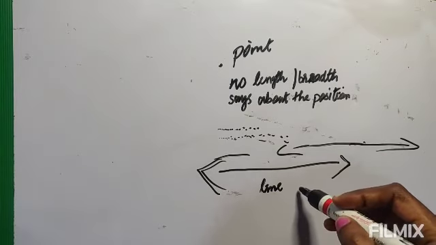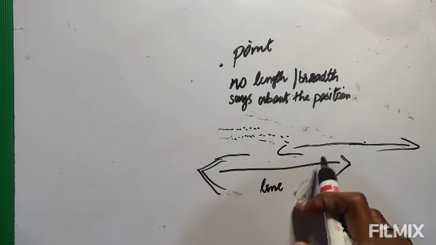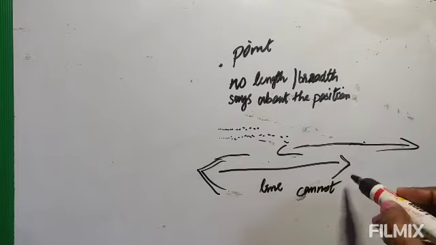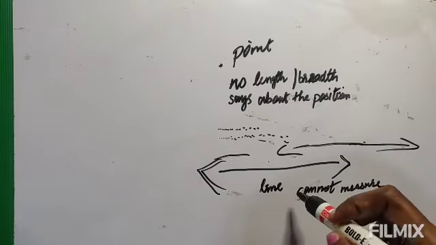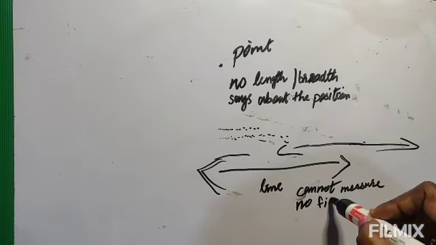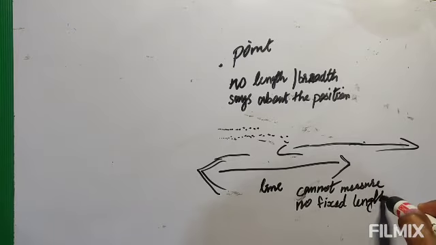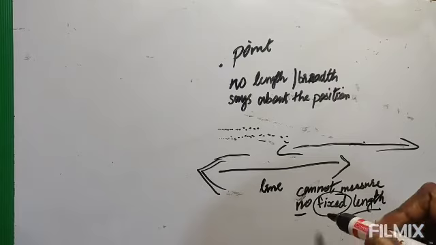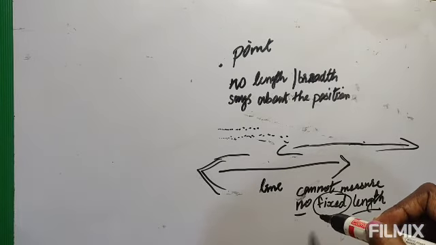We cannot say no length; we can say we cannot measure, or no fixed length. The word fixed describes it. If you say no length, that is a wrong statement. If you say no fixed length, then it is a correct statement.